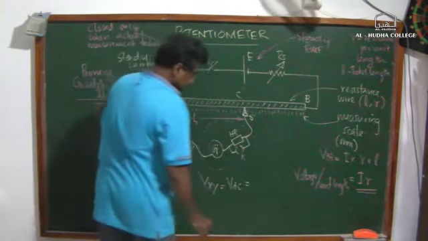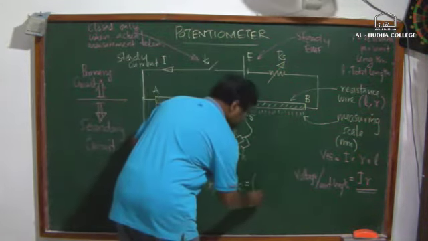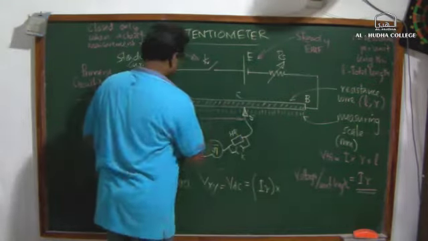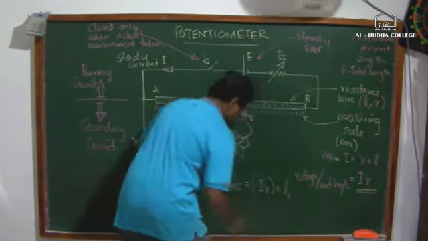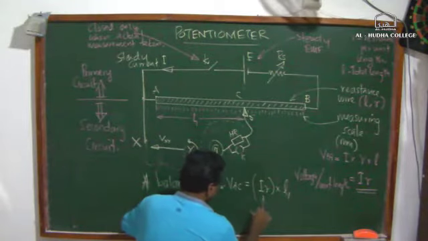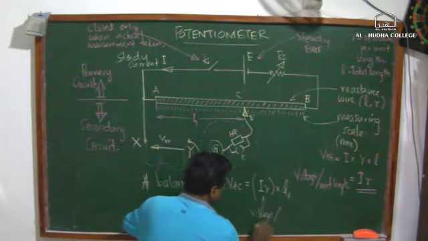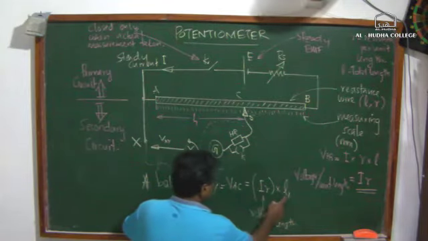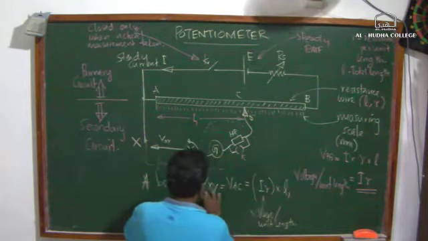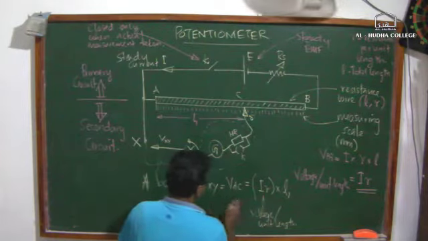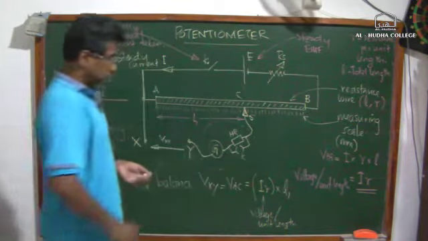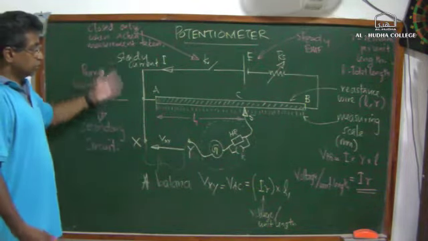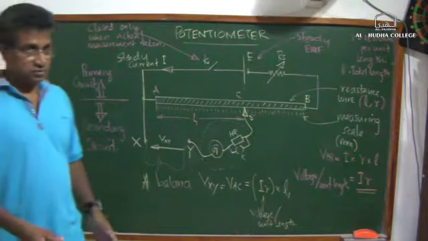Vac is voltage per unit length, I into R, into length L1. This is voltage per unit length into L1, right? So we can find Vxy. So this is how the potentiometer is used to measure voltages, right?